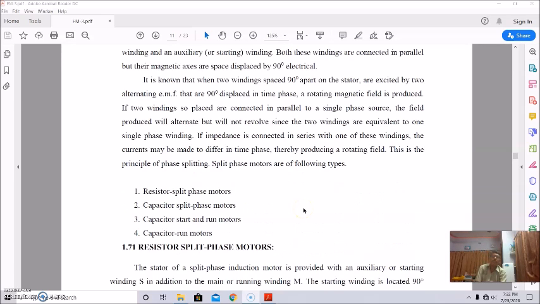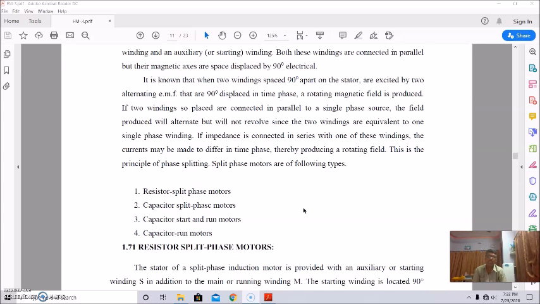and are excited by two alternating EMFs that are 90 degrees displaced in time, a rotating magnetic field is produced. If two windings so placed are connected in parallel to a single phase source, the field produced will alternate but will not revolve, since the two windings are equivalent to one single phase winding. So if impedance is connected in series with one of these windings, the current may be made to differ in time phase, thereby producing a rotating field.